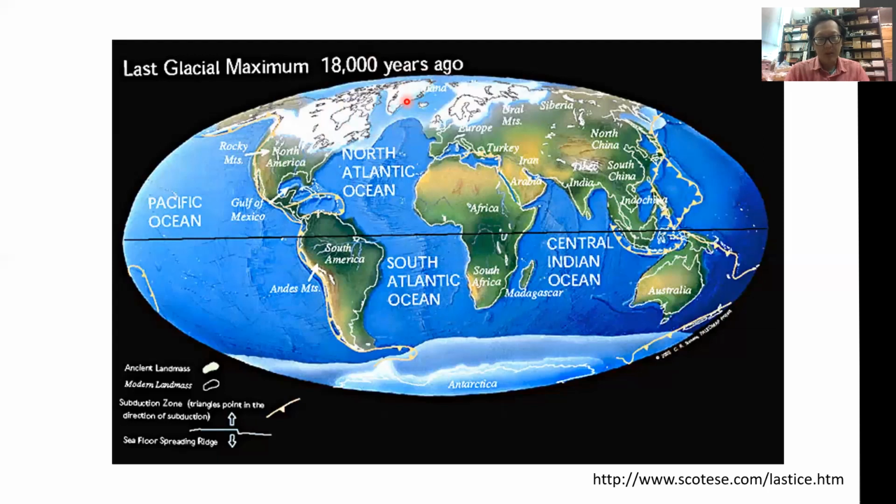But during the last glacial maximum, or that last ice age, when the woolly mammoths lived, we had this big continental ice sheet over North America that extended southward to the Great Lakes and all the way into Montana.